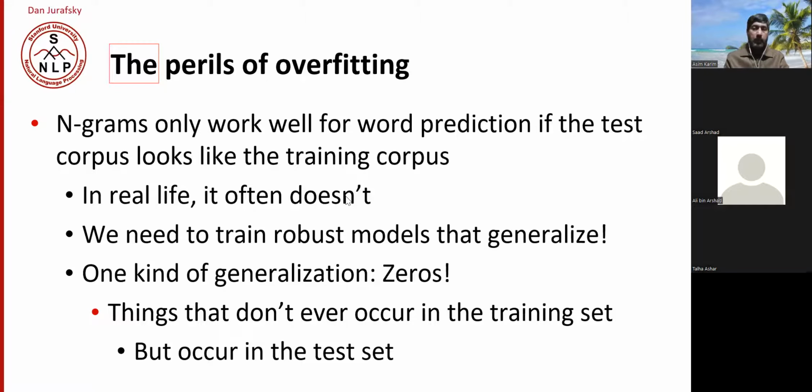So this whole idea of zeros and testing on a different data set is in general called overfitting in the machine learning domain. So you're learning on a training set, and you would like that learned model to work well on other test sets also, not just exactly the same training set. So that is robustness or generalization.